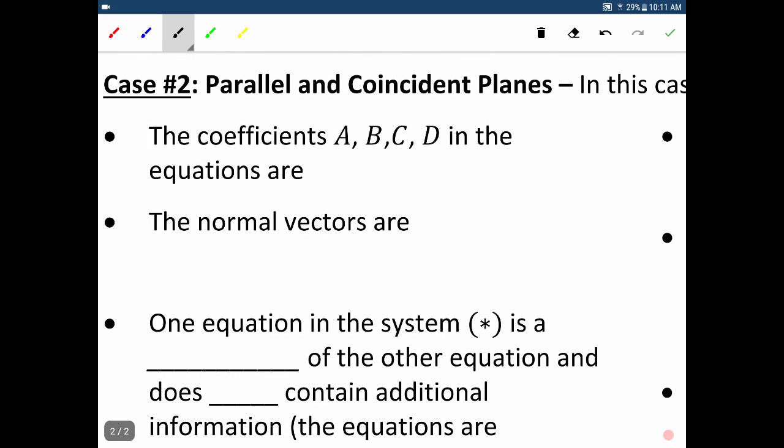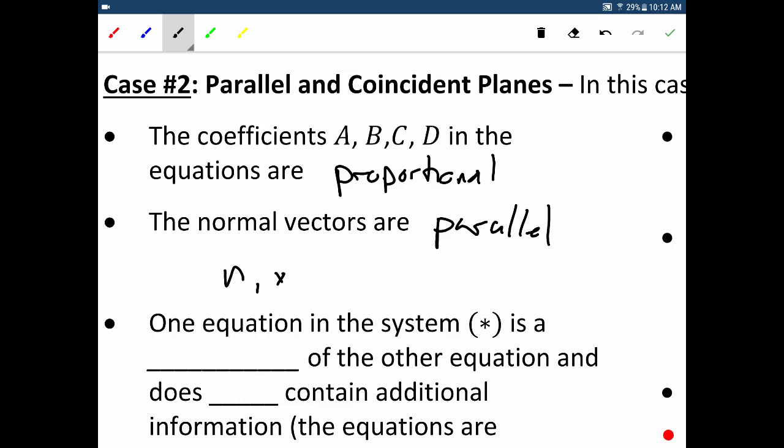Remember in this case that A, B, C, and D will be proportional. The normal vectors in this case will be parallel, which means that if I were to take the cross product, it would equal the 0 vector.